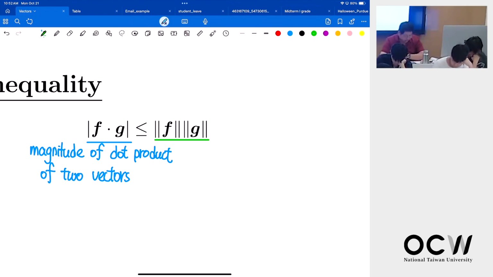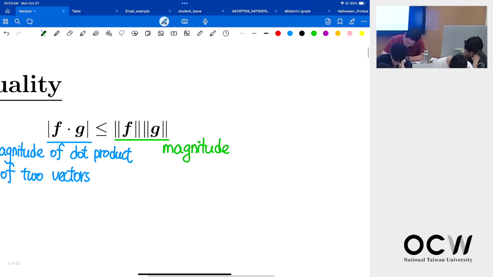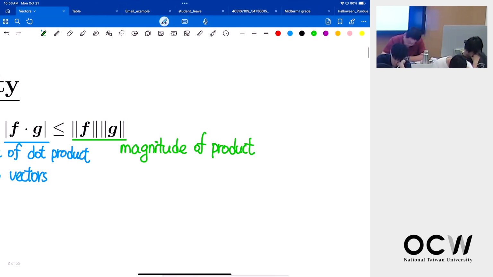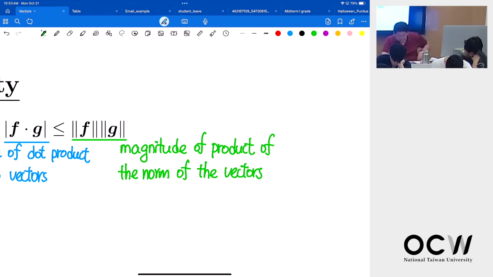So magnitude of the product of the norms of the vectors.